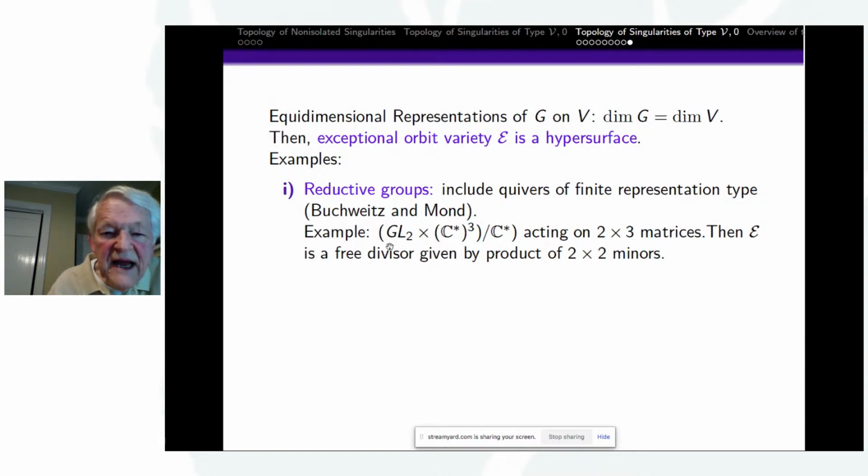And in fact, an example is if you take GL_2 cross C star, where C star means C with zero removed under multiplication, and there's a factor you can divide out by, acting on 2x3 matrices, then you get a free divisor in there. And what is it given by?